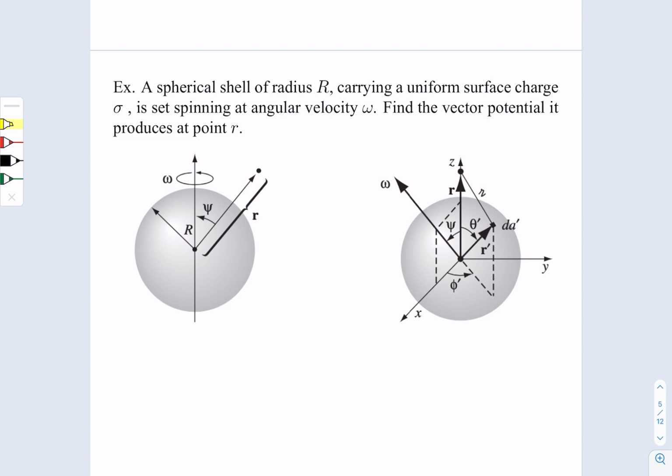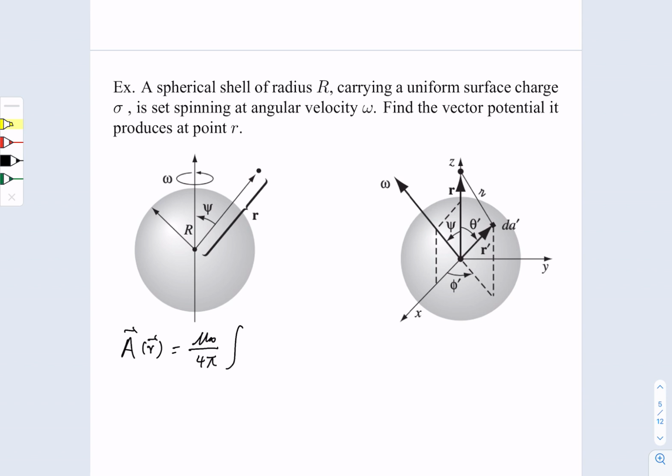Because of this property, we can simply use the equation above from the source terms, integrating over all the source terms. Here we are considering a uniform surface charge, and the charge is rotating, so it will generate a surface current.